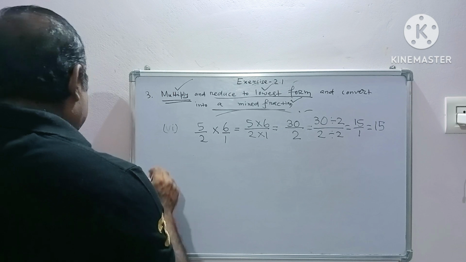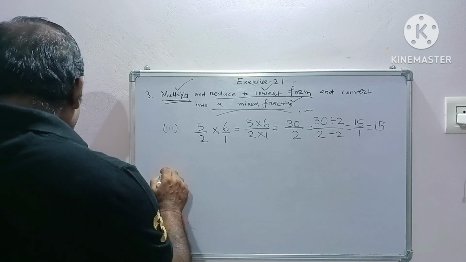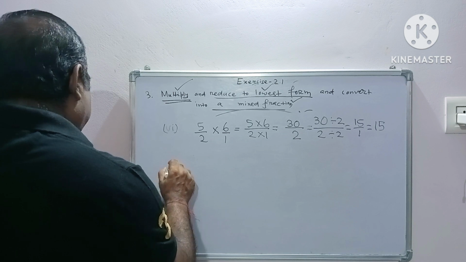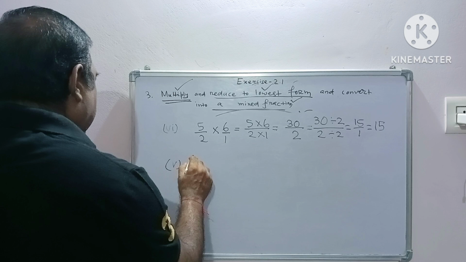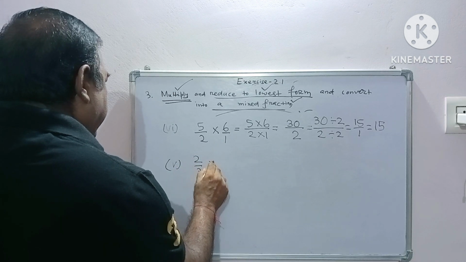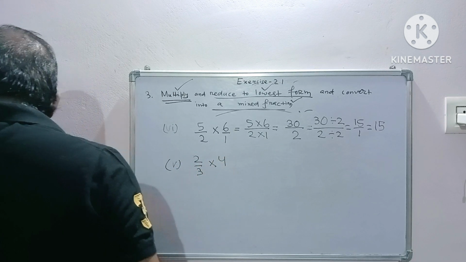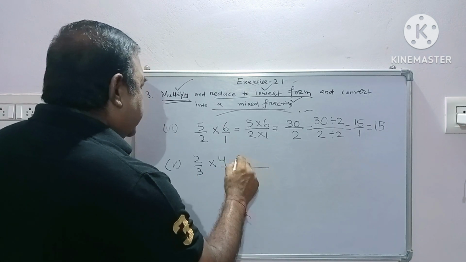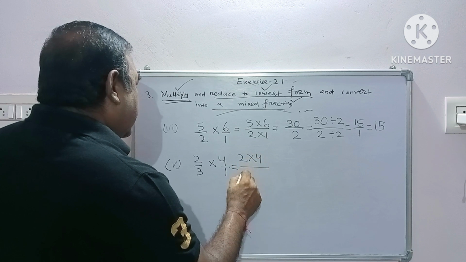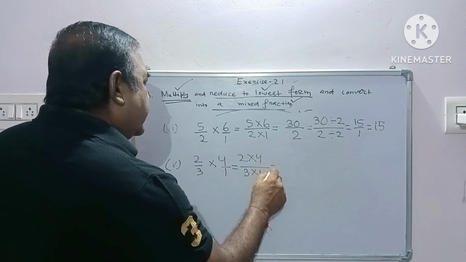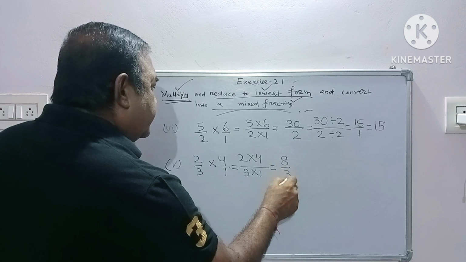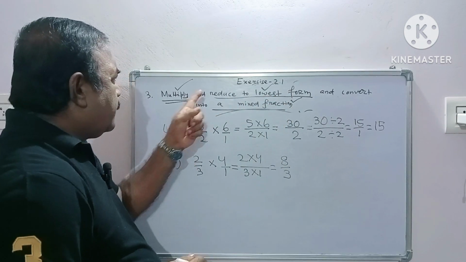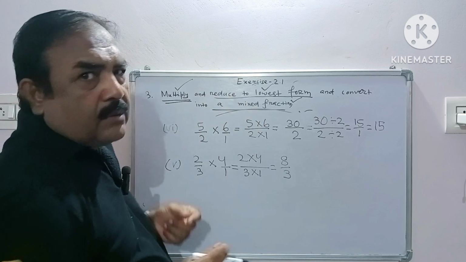Then you come to B. 2 upon 3 into 4. That is 4 upon 1. You see 2 into 4 all divided by 3 into 1. That is 8 upon 3. And we have to reduce to lowest form. So for reduction to the lowest form, what we will have to do?